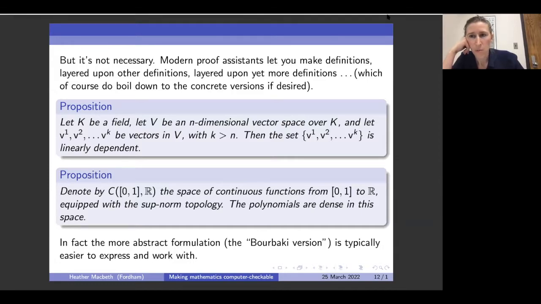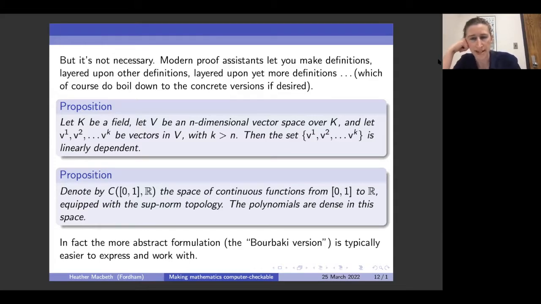So I want to spend a little bit of time just giving a sample by mentioning some results, or not even some results, just some sentences that you can translate into Lean, the language I know best, perfectly well with the current state of the art as far as writing mathematical libraries is concerned.